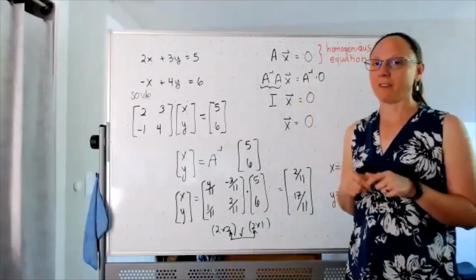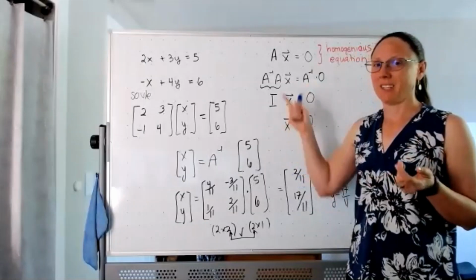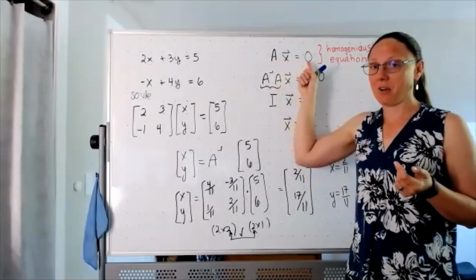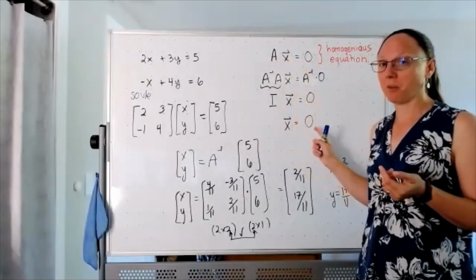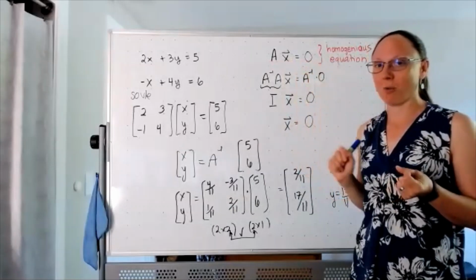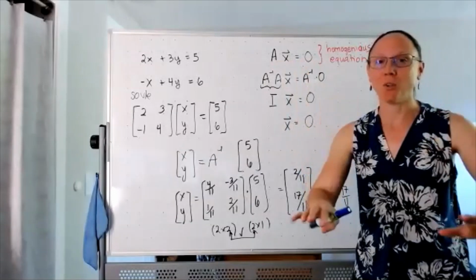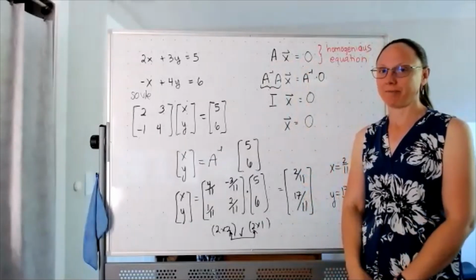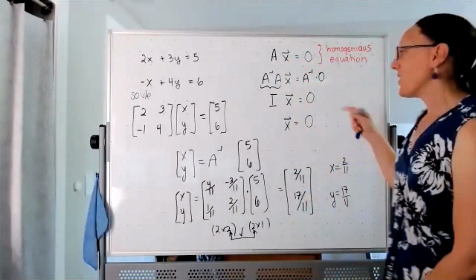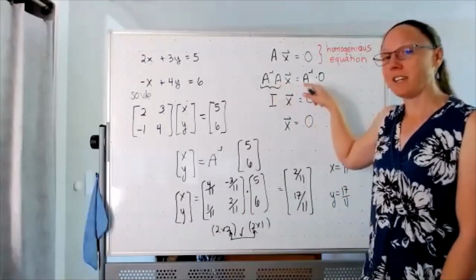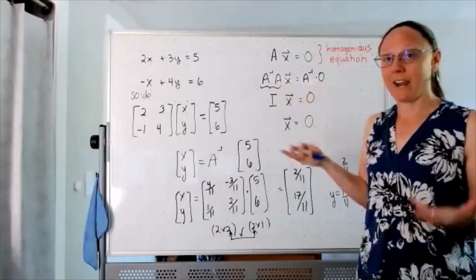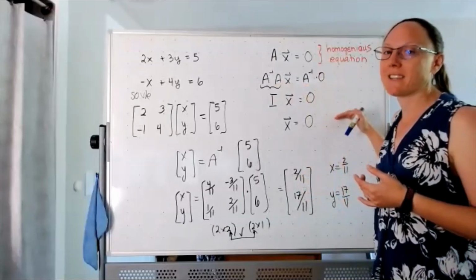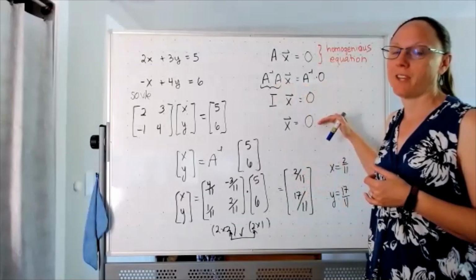Now you might be going, yeah, what can you multiply something by and get 0? You can definitely multiply it by 0 and get 0 back. But what's cool about linear algebra, there's another possibility. If you can find this A inverse term, if it exists, then the only solution is the trivial solution.